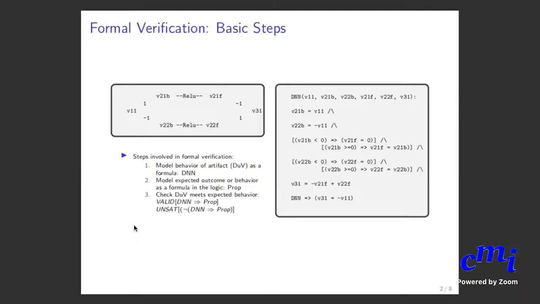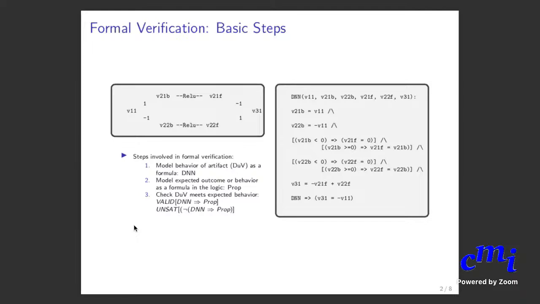The second step is you model the expected outcome of behavior also as a formula in the logic. So for example, you want to check that the output is the negation of the input. That's the expected behavior. So you model that. This is the property that we want to verify. And then you construct what is called a verification condition, which when checked, either for satisfiability or validity, guarantees that your property is met.